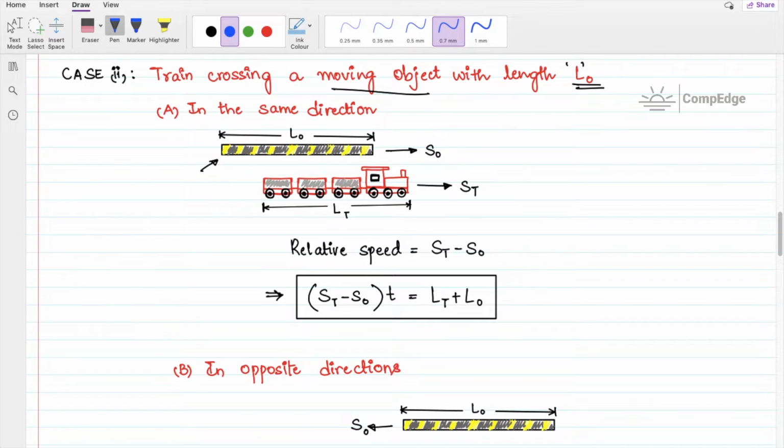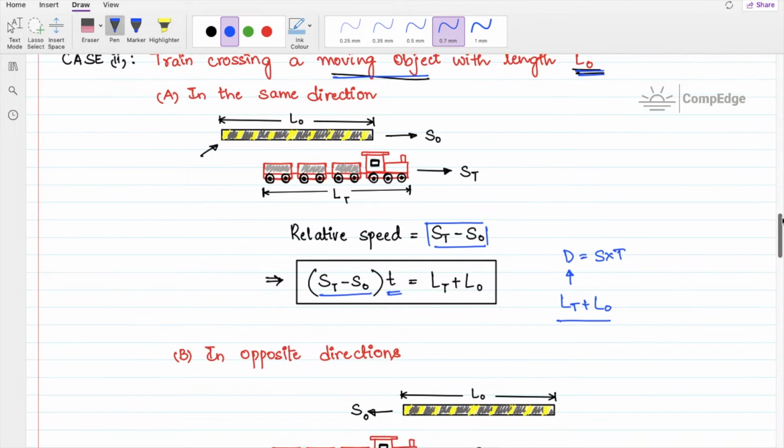If they both are moving in the same direction, the speed is the difference of the speeds, that is st minus so, and the relationship becomes distance is equal to speed into time. Distance will be the total length of the train plus the total length of the object, because the train has to cross the object. So the distance becomes LT plus LO, speed becomes st minus so, into t. So this is the case when the train has to cross a moving object of length LO.